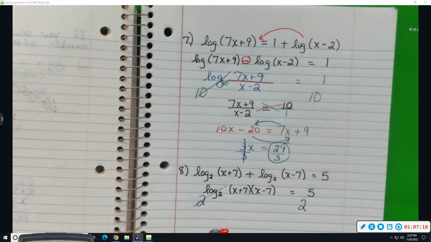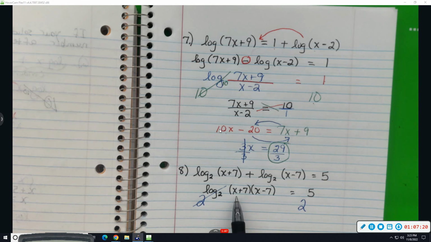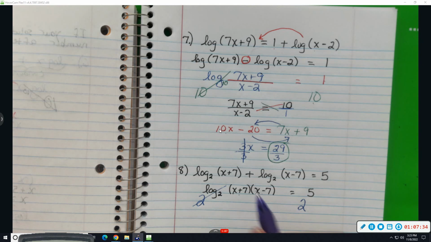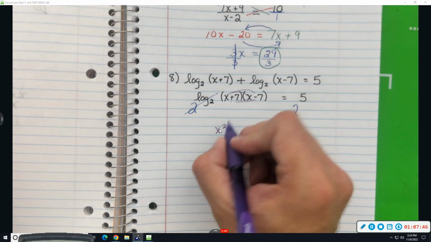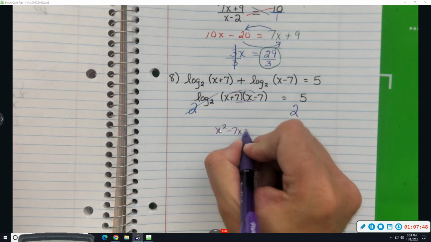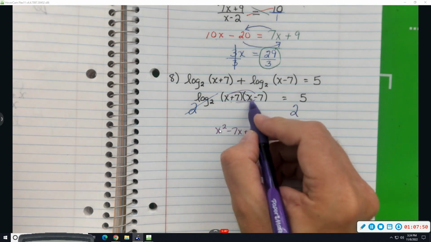It's going to be a little bit messy because we have this x plus 7 times x minus 7. What am I going to have to do here? Foil it out. That's right. I think a lot's going to subtract out. We'd have x squared, then a minus 7x and a plus 7x.